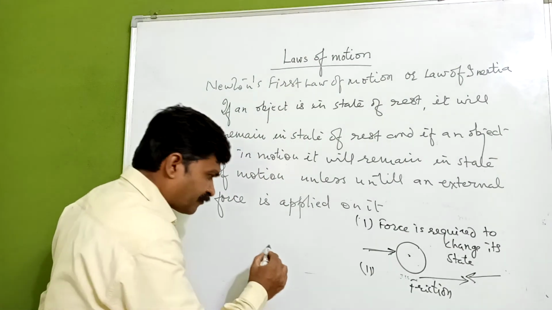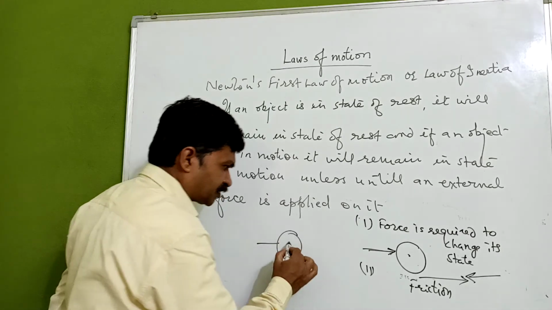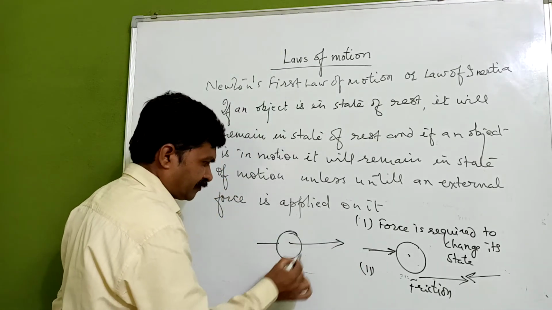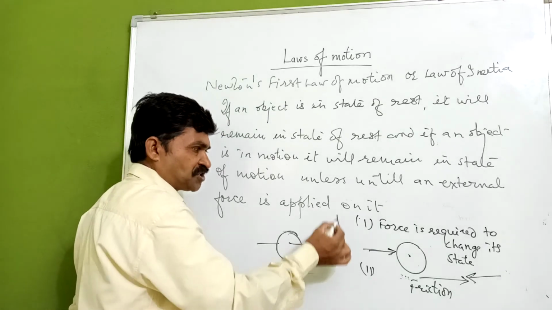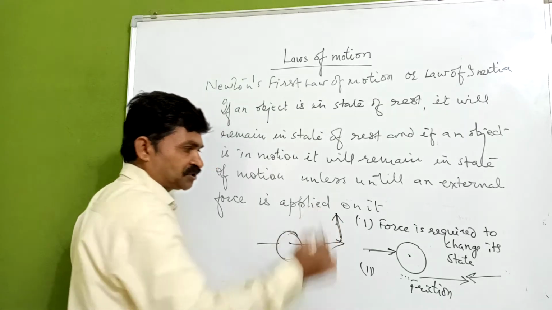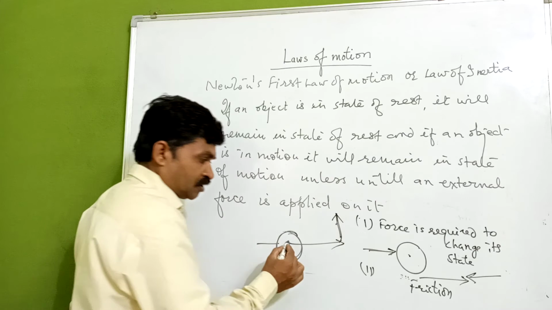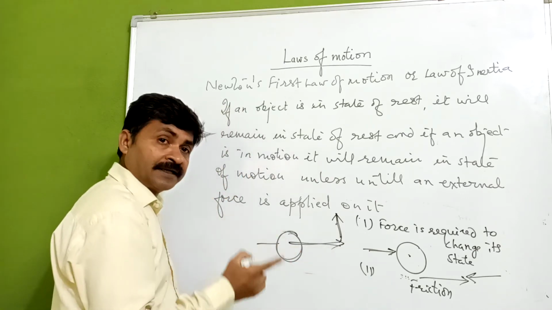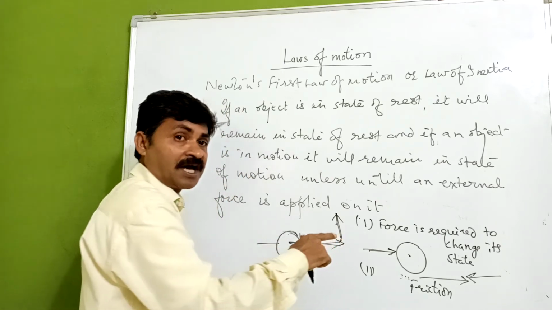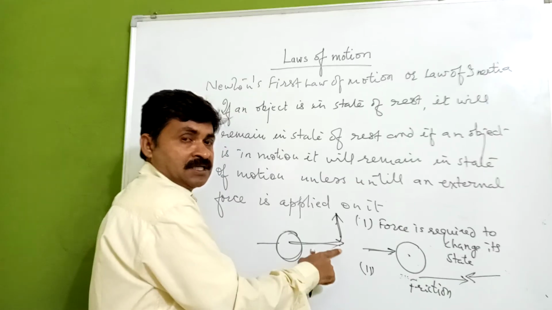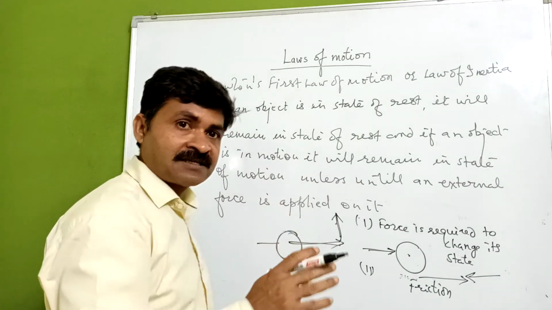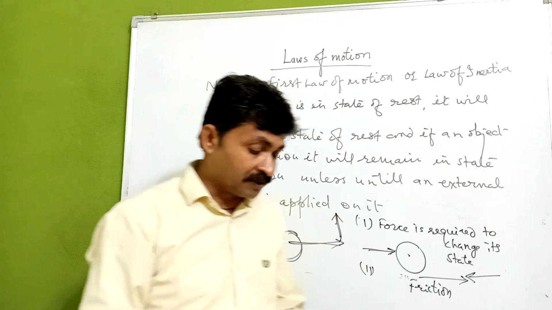Now suppose the ball is moving in a straight line, and you want to change its direction. The ball itself cannot change its direction. It will require a force. Similarly, we can take another example of the Earth and Moon.